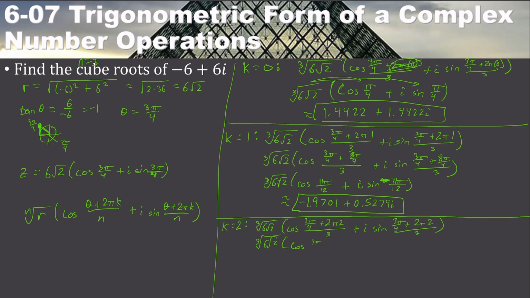If I put it over 4, that would be 16 pi over 4. So I have 3 pi over 4 plus 16 pi over 4 would be 19 pi over 4, over 3, which would be 19 pi over 12.